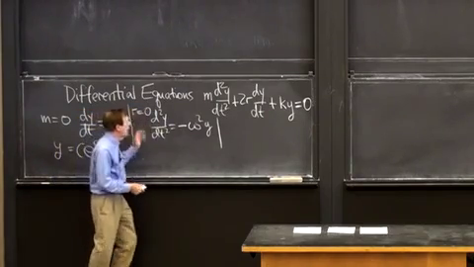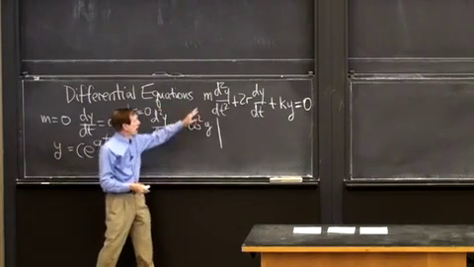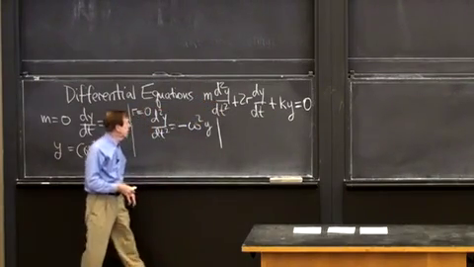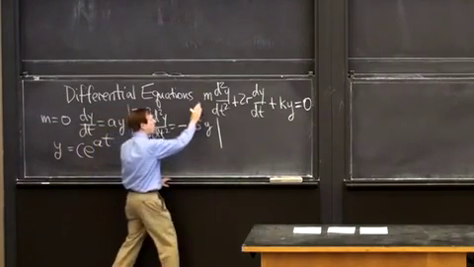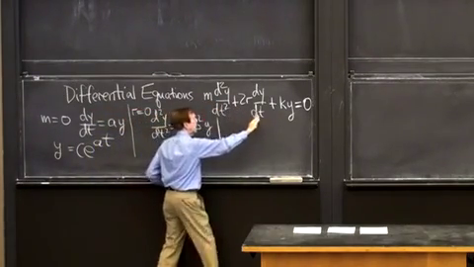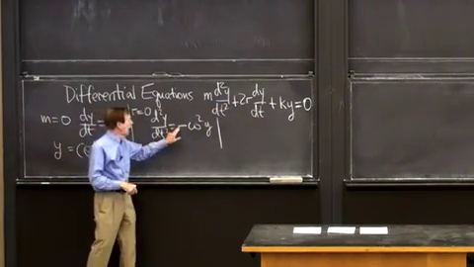Okay, ready for this one? So this one, I don't have this middle term. I just have the second derivative and the function. And let me again change to letters I like, putting the ky on the other side with a minus sign.